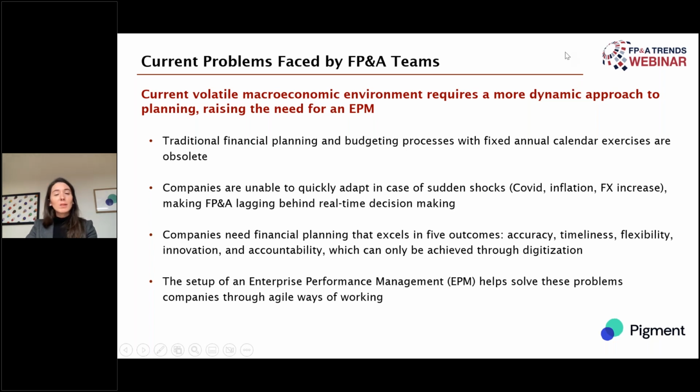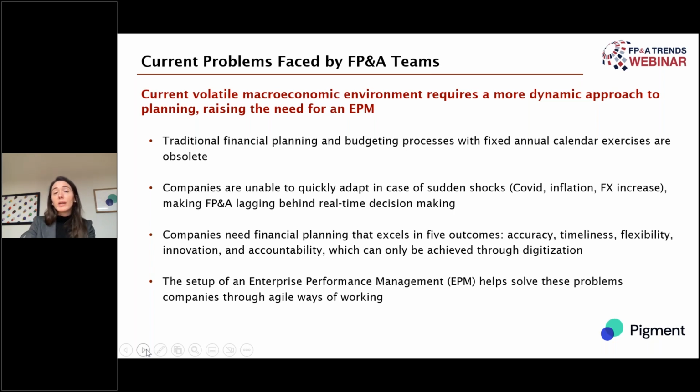To name a few parameters that have changed recently and that are very hard to control: we had COVID and the subsequent recoveries that we could not expect. We have the war in Ukraine and the energy crisis, the FX rates that were very volatile over the last few months, and inflation, which is at a different level in different countries. It's very hard to predict the future today.